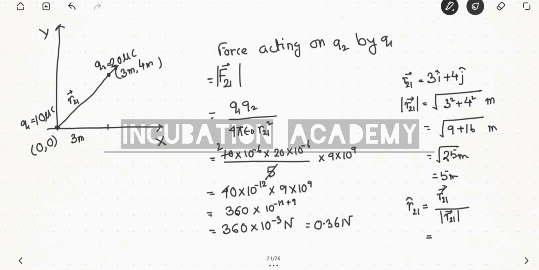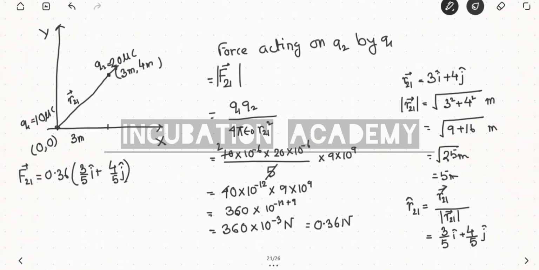R21 vector is 3 i cap plus 4 j cap, so it is 3 by 5 i cap plus 4 by 5 j cap. I think you can do these calculations. In vector notation, the force F21 is 0.36, that is the magnitude, multiplied by 3 by 5 i cap plus 4 by 5 j cap.